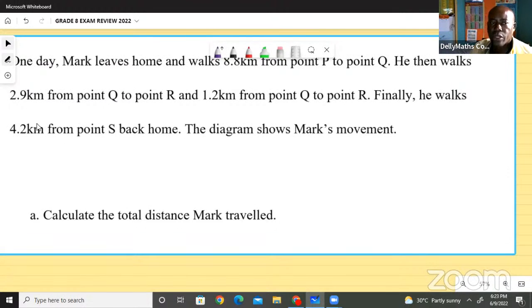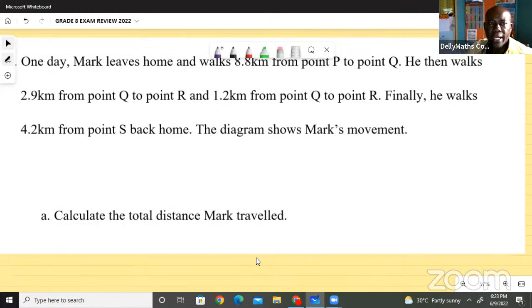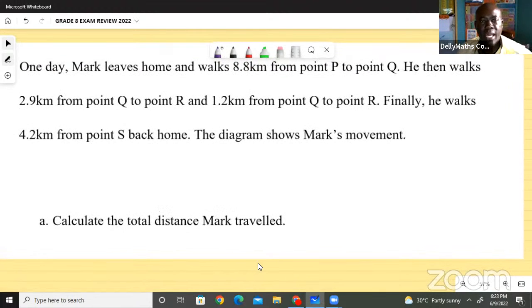We're told that one day Mark leaves home and walks 8.8 kilometers from point P to Q. He then walks 2.9 kilometers from Q to R and 1.2 kilometers from R to S. I think I doubled up that, so let me fix that.